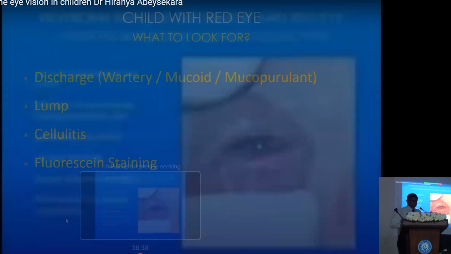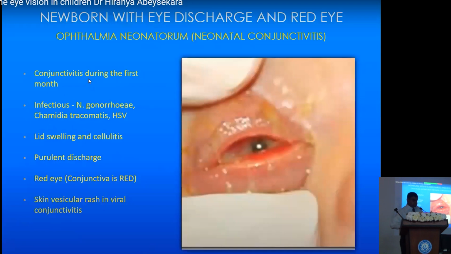So a newborn with red eye, which is a common thing, isn't it? Ophthalmia neonatorum is a very specific infection. The conjunctivitis of newborns, that is conjunctivitis in a baby less than 28 days, is an emergency. Right?